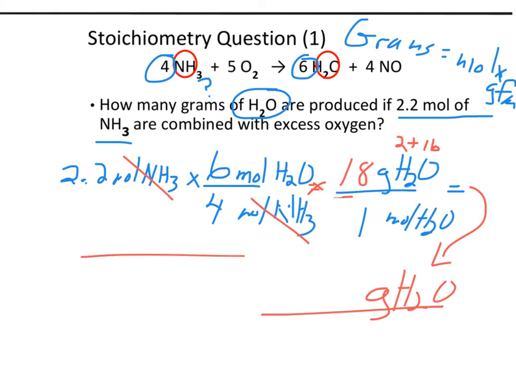You see how this part is the stoichiometry, and this part is just the old stuff we did last chapter, figuring out the grams. Grams is moles times molar mass. That's it. So now you just do 2.2 times 6 times 18.